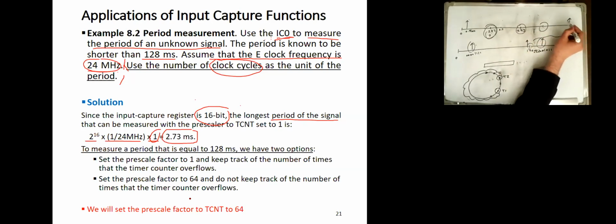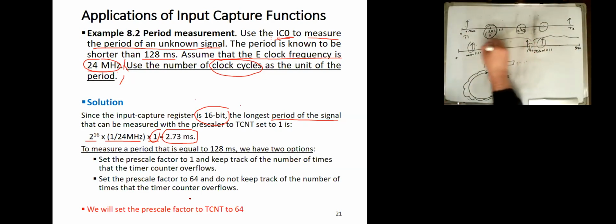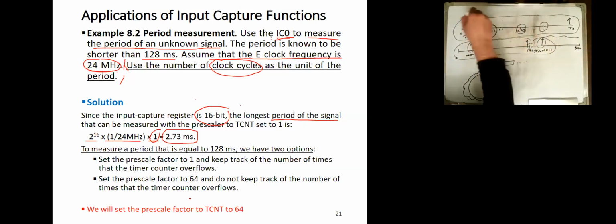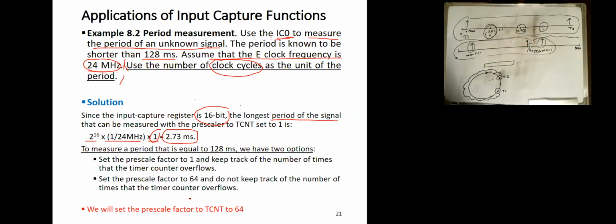Then we add the difference between T2 and T1. So if there is only one overflow incident, then we can just do the modulo binary subtraction to get the answer. However, if there are multiple overflows, then we need to keep track of how many times the timer overflowed. And this is more practical in case we don't know any information about the maximum period length.